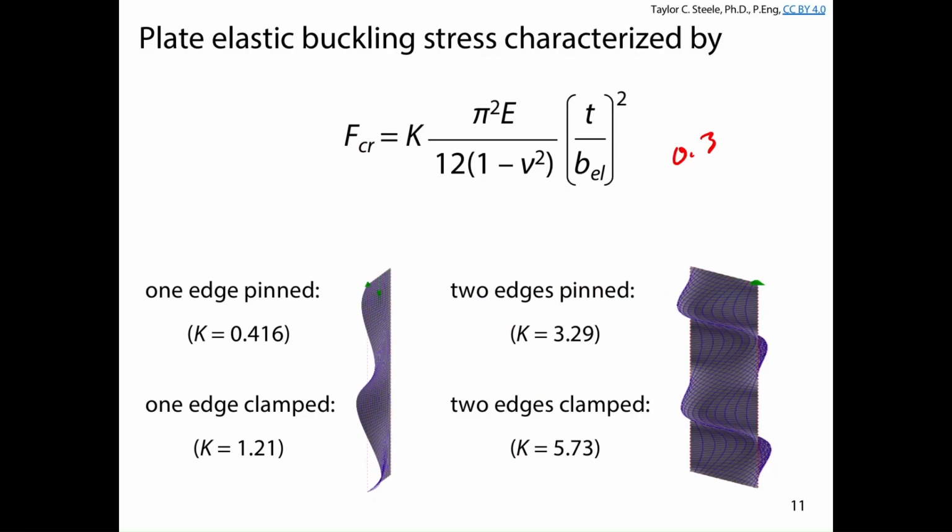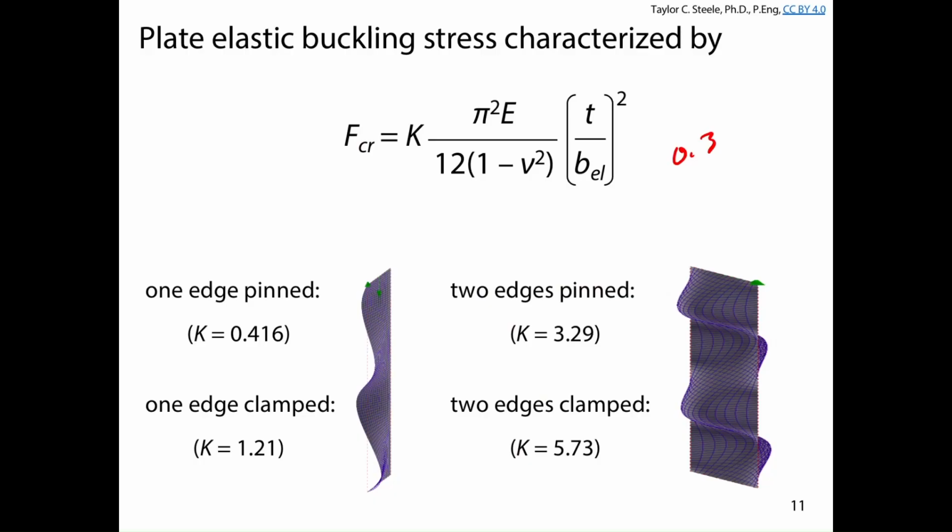Okay? This K value basically just depends on what the boundary conditions are. If it's more restrained from moving, K is going to be higher. If it's less restrained from moving, K is going to be smaller. So for the one edge pinned case, which might represent half of the flange of a wide flange section, before what I showed you is what it looked like if the edge was just restrained from translation, but if we actually also clamped the edge and prevented it from rotating, that's going to increase K a little bit, and the same thing for the web.